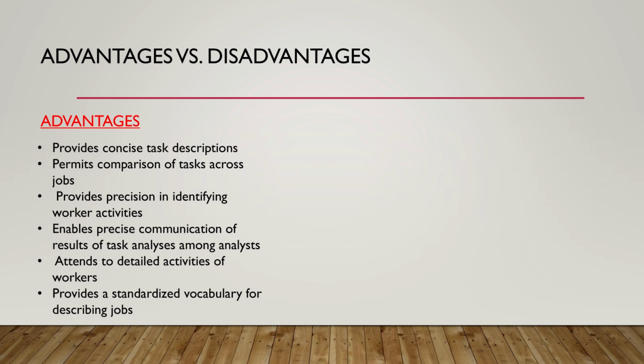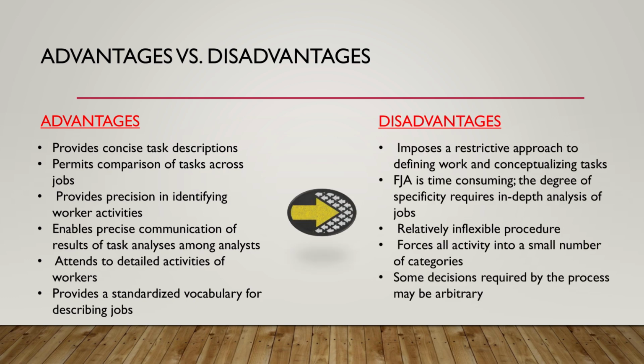This in-depth analysis is valuable for identifying areas for improvement, training needs, and performance evaluation criteria. It also provides a standardized vocabulary for describing jobs, which enhances communication and collaboration across different departments and stakeholders within the organization. In addition to the advantages of FJAs, researchers have also identified the drawbacks.